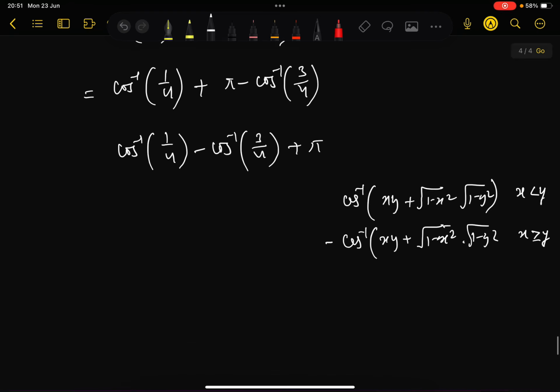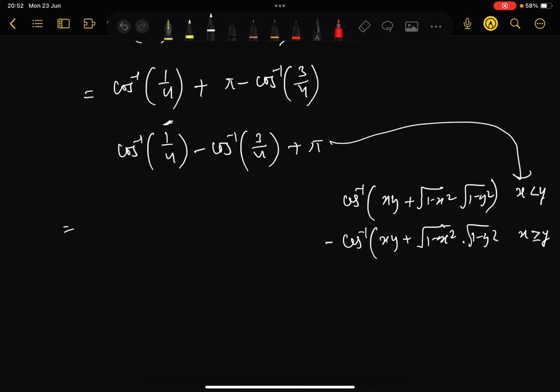So clearly we have to check which one is greater. 1 by 4 and 3 by 4, which one is greater? Clearly 3 by 4, since with the same base, greater numerator means greater number. So 1 by 4 is less than 3 by 4, and this is the formula we have to use here.